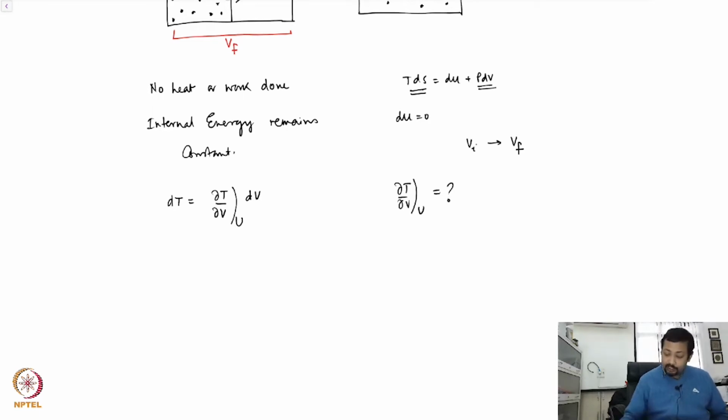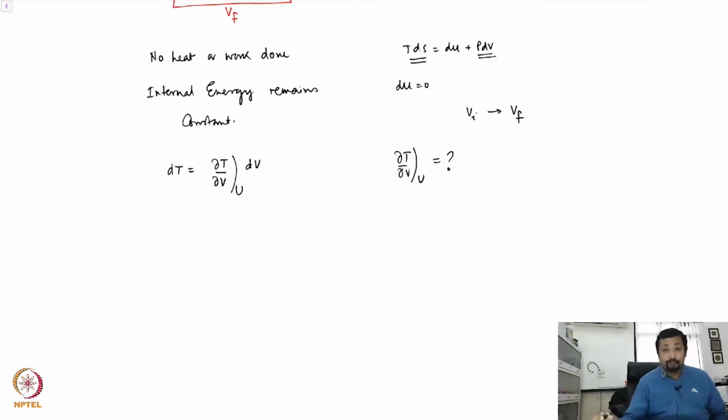So let us apply all our knowledge of partial derivatives. How we can manipulate Maxwell's relations will also be used. So (∂T/∂V) at constant U times (∂V/∂U) at constant T, times (∂U/∂T) at constant V, is going to be minus 1.